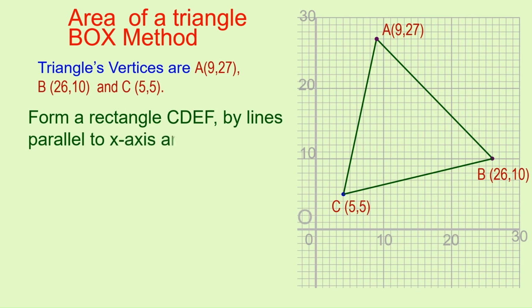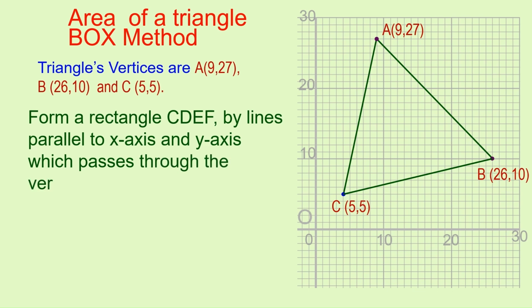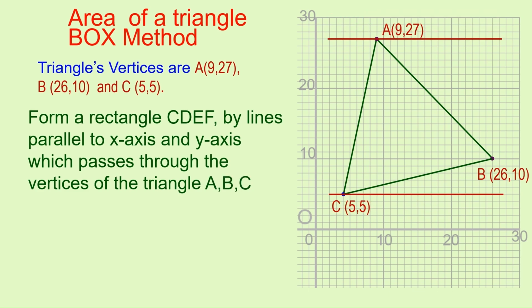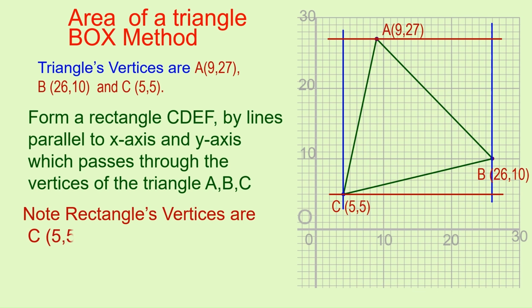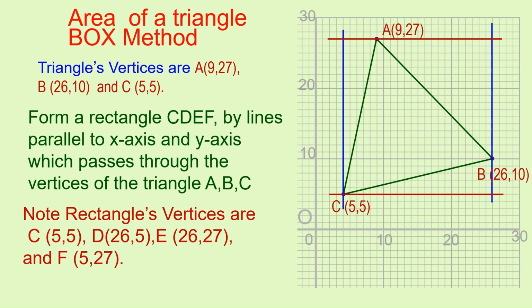Form a rectangle CDEF by lines parallel to the x-axis and y-axis, which pass through the vertices of the triangle A, B, C. Note: the rectangle's vertices are C (5, 5), D (26, 5), E (26, 27), and F (5, 27).